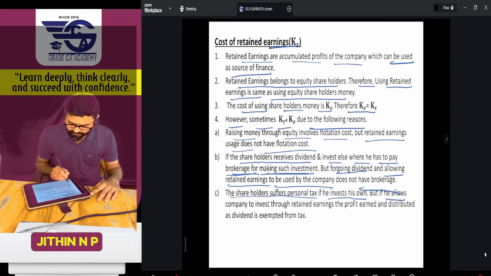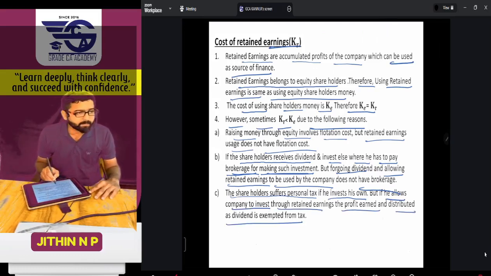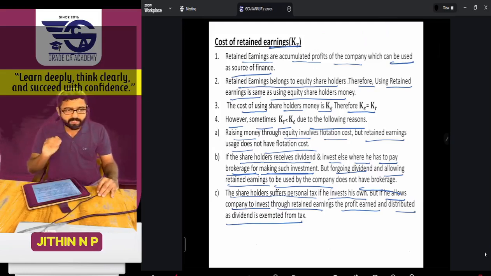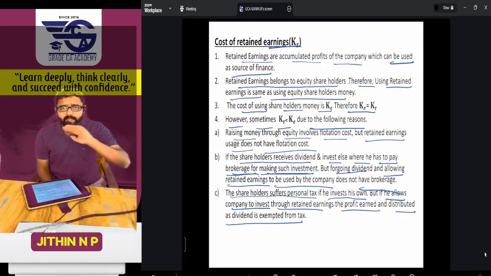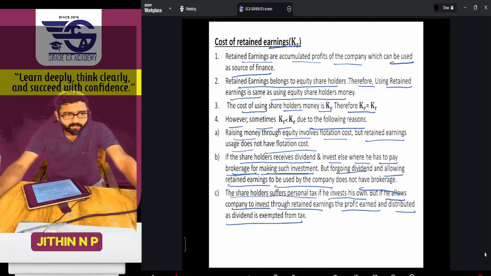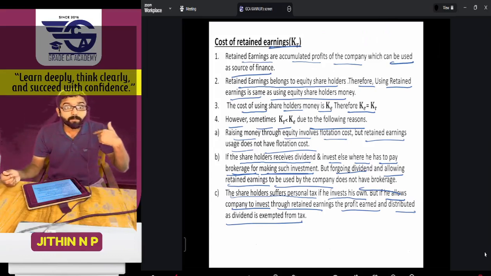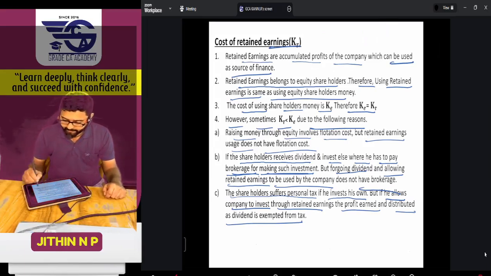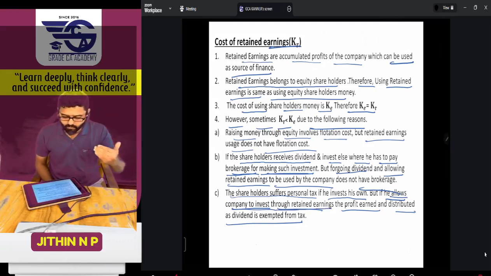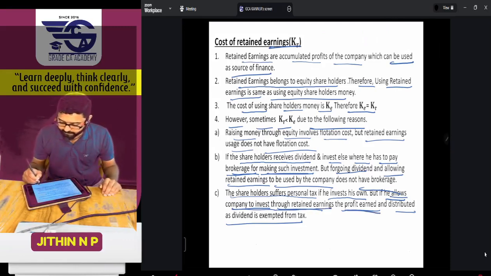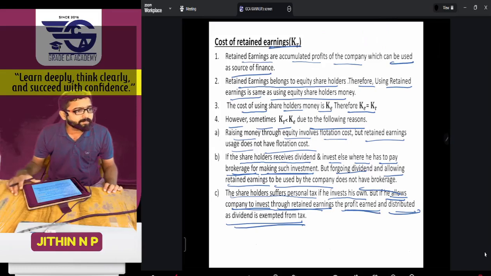Suppose the company is not maintaining retained earnings and the full amount is distributed as dividend. Then this investor, investing somewhere else on his own, suffers personal tax. But if he allows the company to invest through retained earnings, the profit earned and distributed as dividend is exempt from tax.